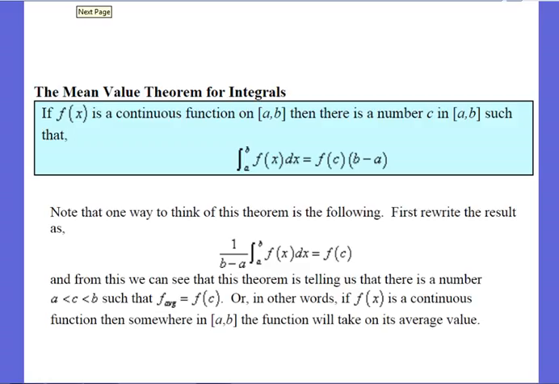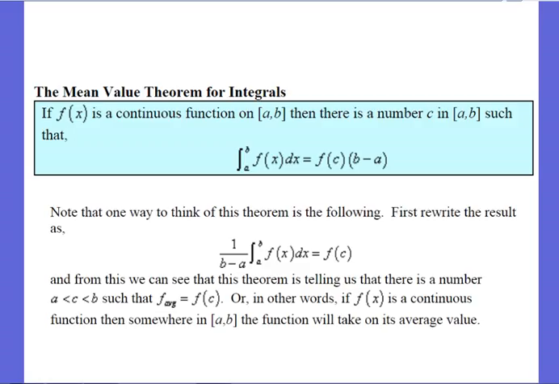So the mean value theorem for integrals says this. If f of x is a continuous function from a to b, then there is a number c in the interval from a to b, such that the integral from a to b of f of x dx is equal to f of c times b minus a.